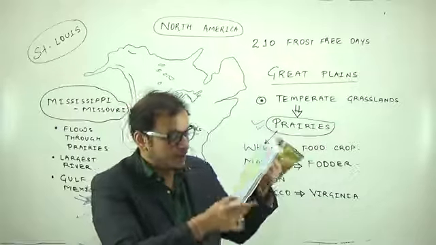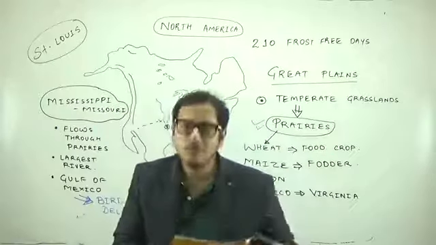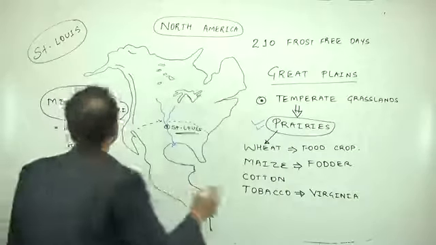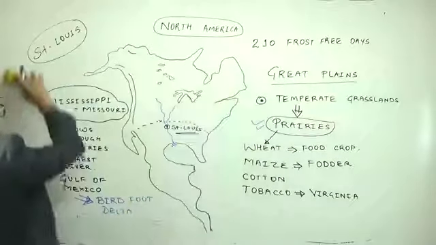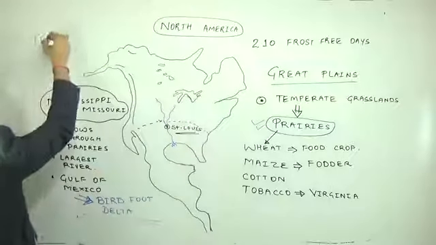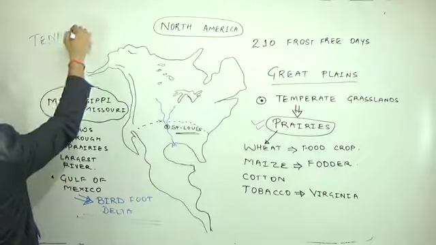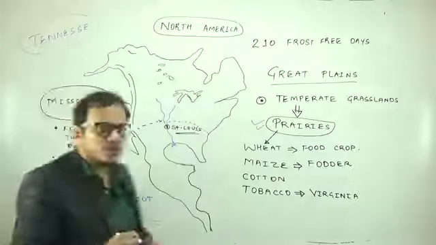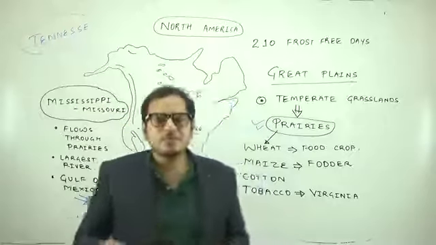After that, you will find the Tennessee River, which is an important tributary of which river? Tennessee River is an important tributary of the Missouri Mississippi. Though there are numerous tributaries, why does Tennessee become important?